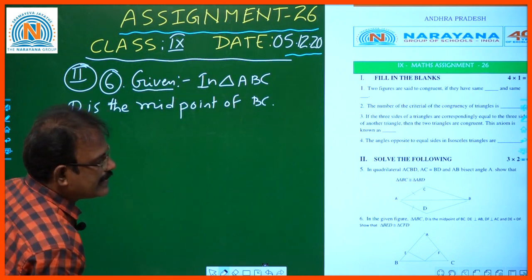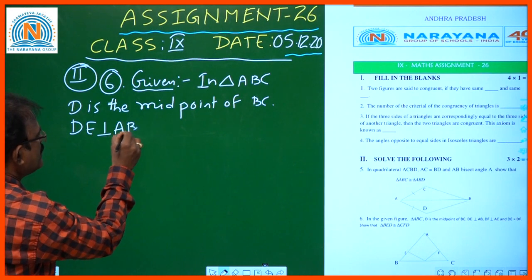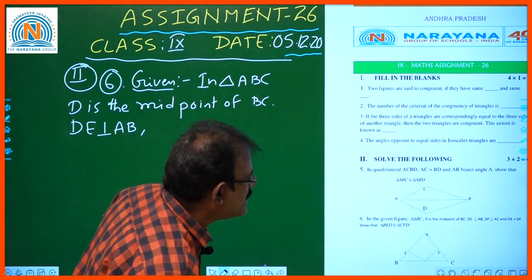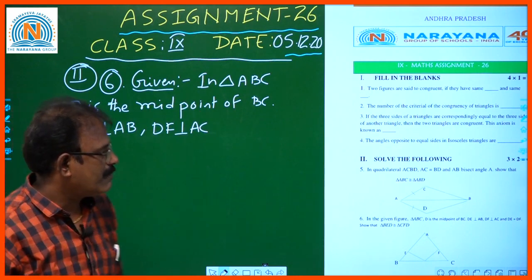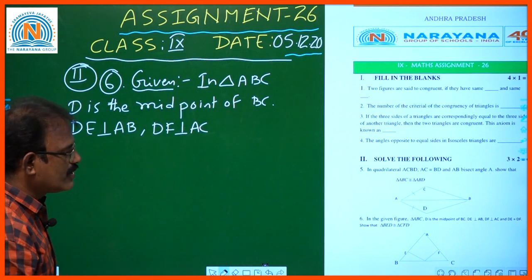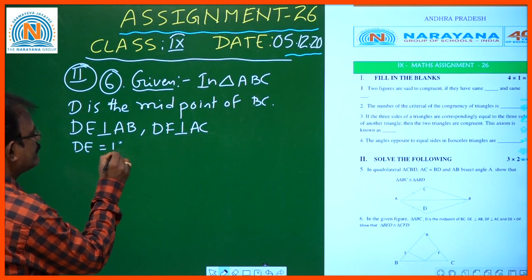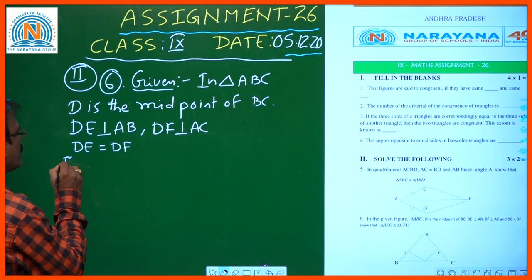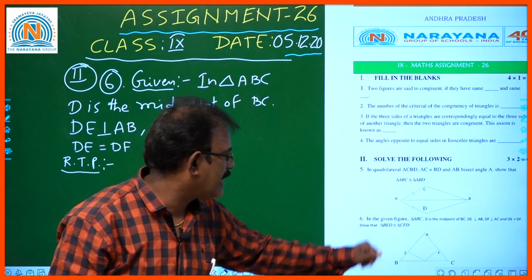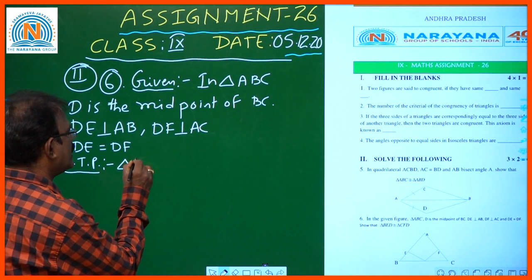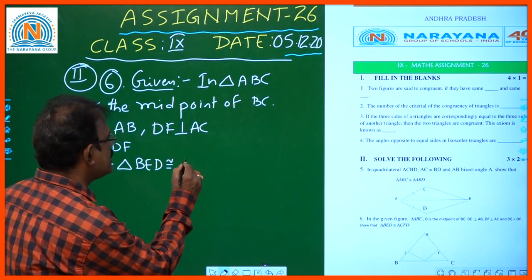Not only that, DE is perpendicular to AB, as well as DF is perpendicular to AC, and DE is equal to DF. Now we need to prove that triangle BED is congruent to triangle CFD.